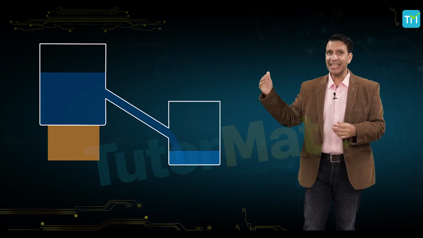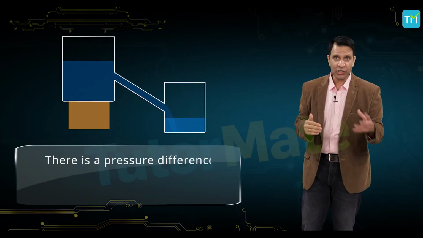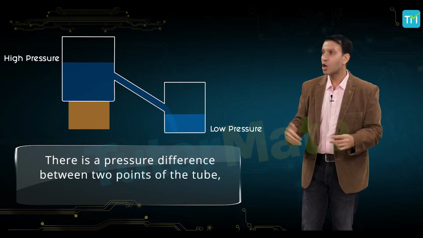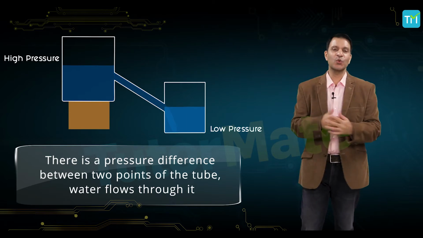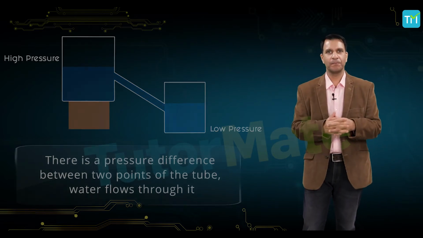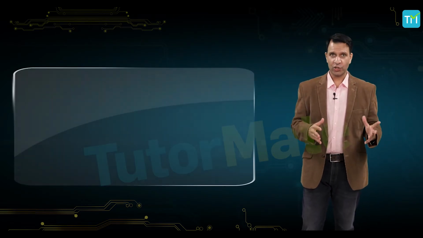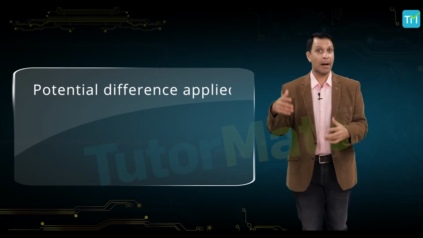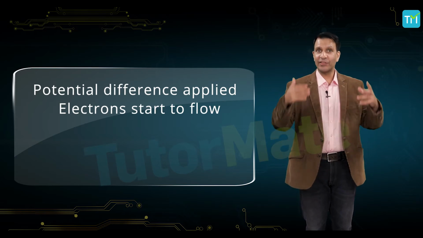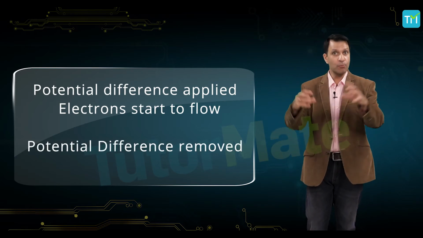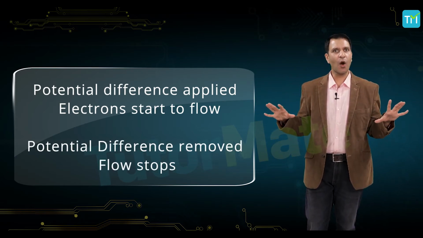So we can see that whenever there is a pressure difference between 2 points of the tube, water flows through it. And this holds true for electricity as well. When a voltage or a potential difference is applied, the electrons start to flow. And when this potential difference is removed, the flow will stop.